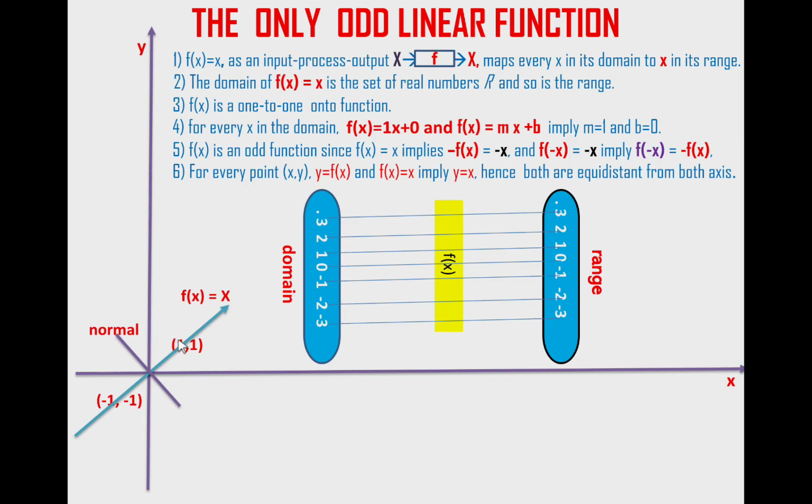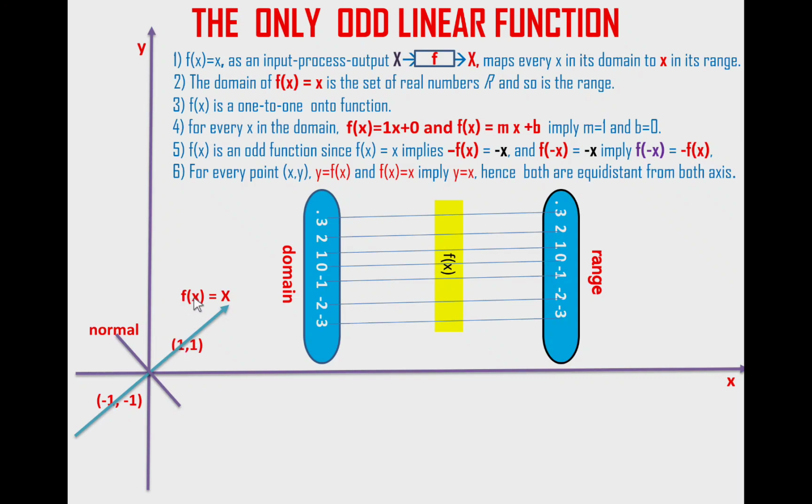If we go from plus x, plus 1, which is the left coordinate, crossing the normal, it will change to minus. And f of 1, which is equal to 1, if we cross, it's also converted to minus 1.